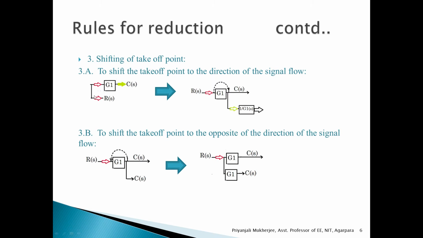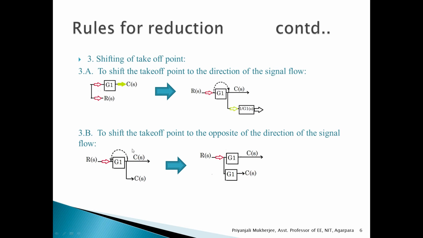So if it has been shifted here, then we are actually taking the output from the C(s) part. So the output becomes C(s), but if we need to keep the output as R(s), then we have to divide the takeoff branch by the block transfer function. So if a takeoff point is shifted in the direction of the signal flow, then the takeoff branch has to be divided by the block transfer function.